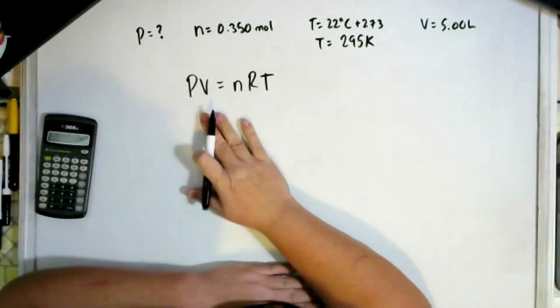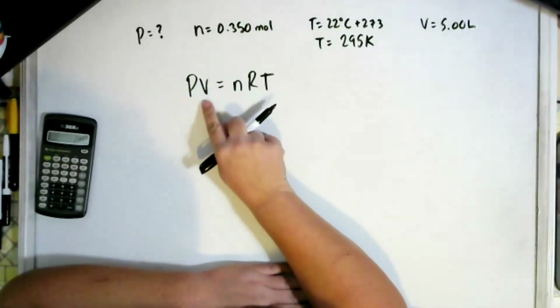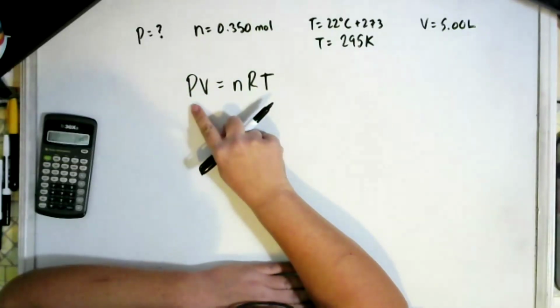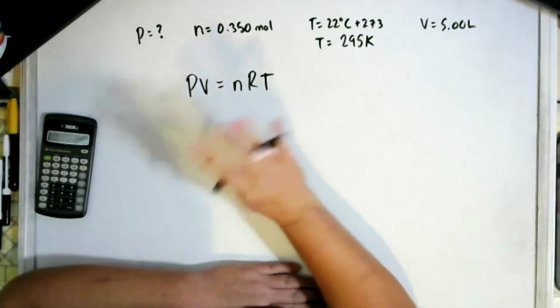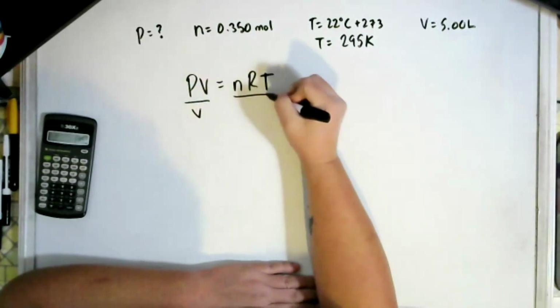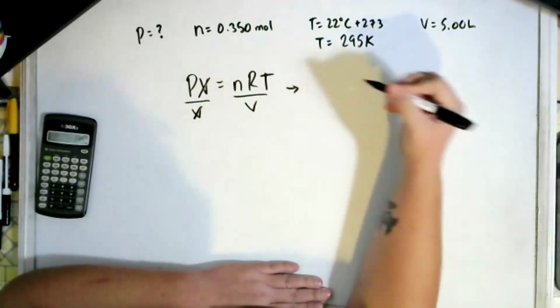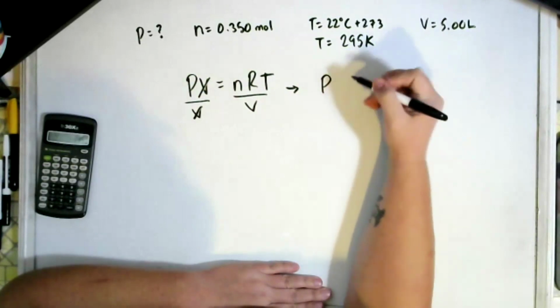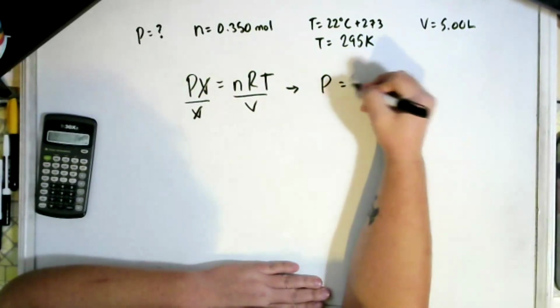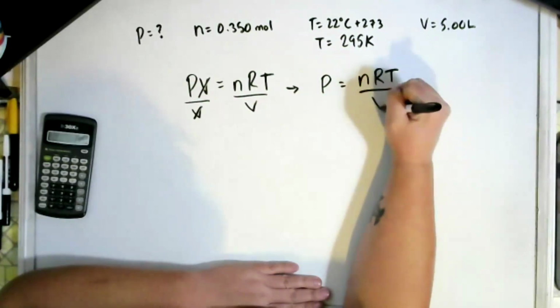And now when we're looking at our ideal gas law, we're going to be solving it for pressure, which means that we can isolate our pressure unit before we even begin plugging stuff in. Divide both sides by volume. And our equation is going to look like this: pressure equals nRT divided by volume.